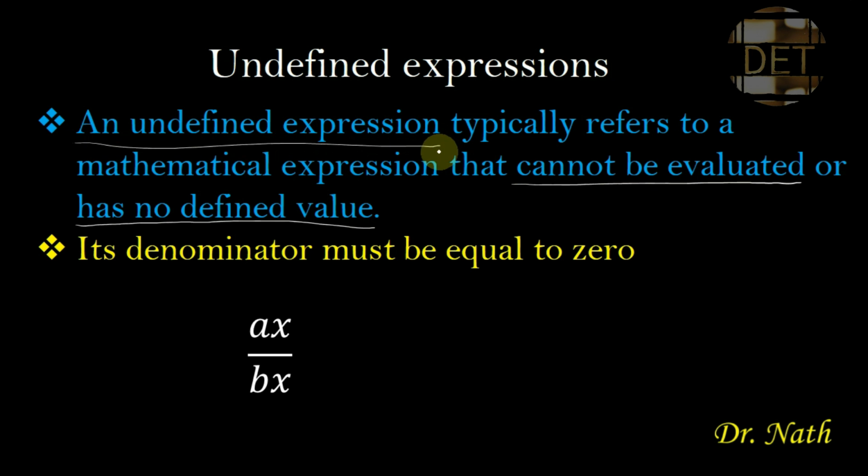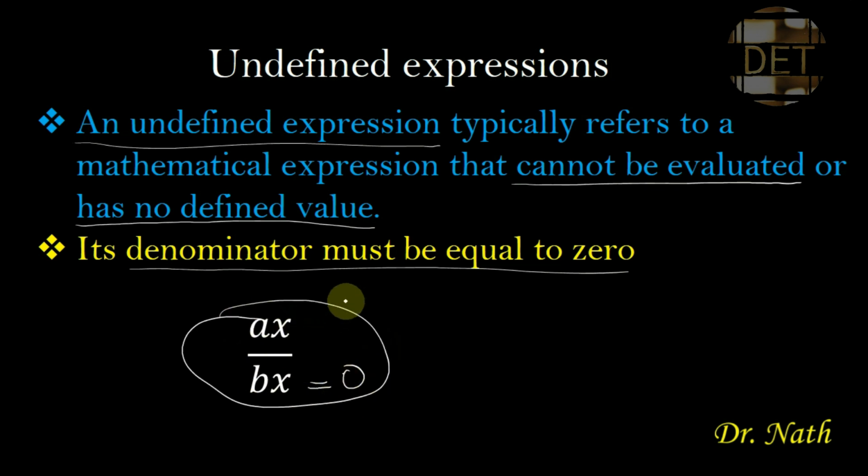For any expression to be undefined in mathematics, its denominator must be equal to 0. Take this expression for instance, ax over bx. For this expression to be undefined, the denominator, which is bx, must be equal to 0. This is what defines an undefined expression.